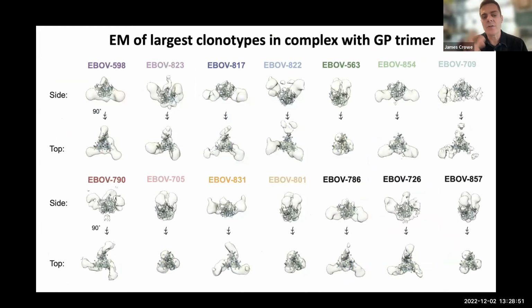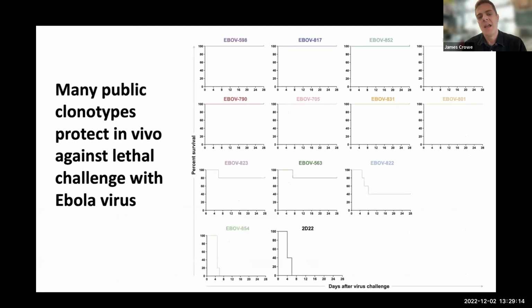And we went on to do structures of all these. So these are the top 15 public clonotypes, and they decorate the GP from the very top, the side, the bottom. So not only is there genetic diversity and breadth diversity and potency diversity, but this single individual is decorating the entire GP. So the breadth and neutralization in one individual is probably sufficient.